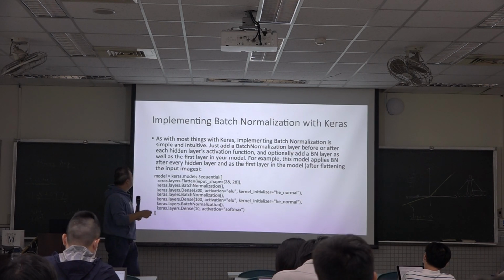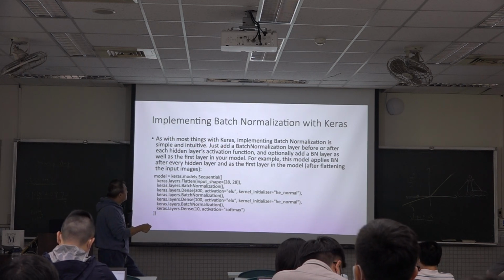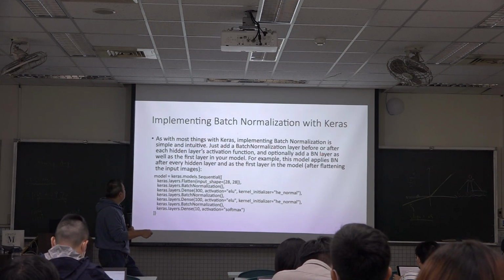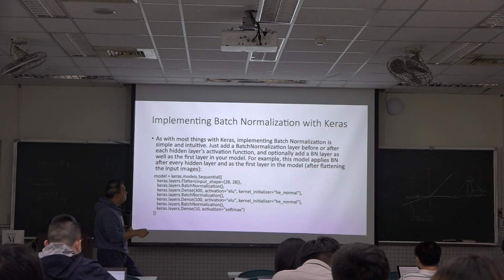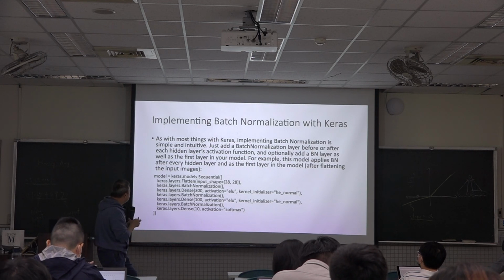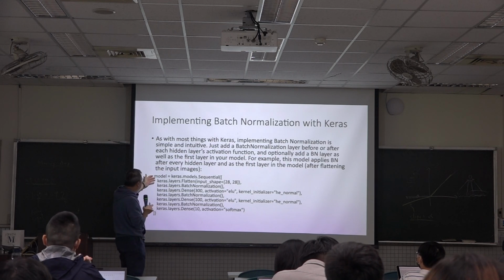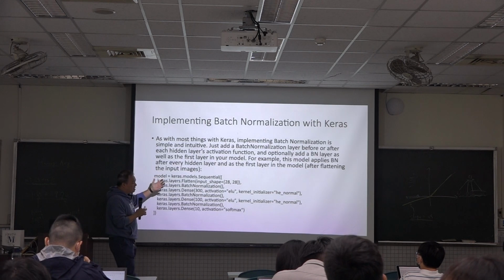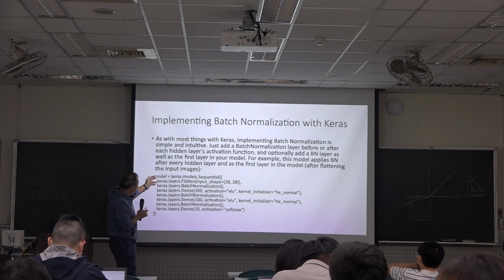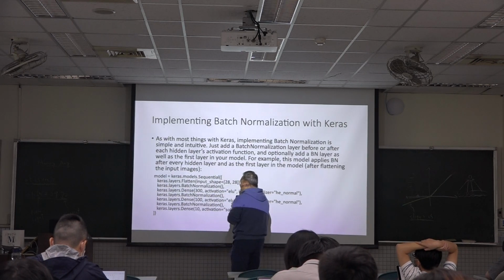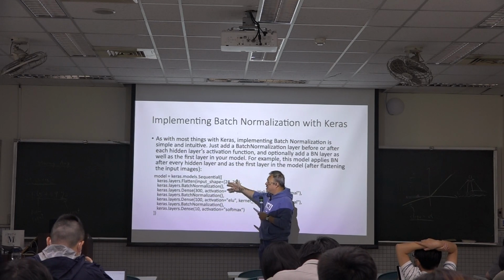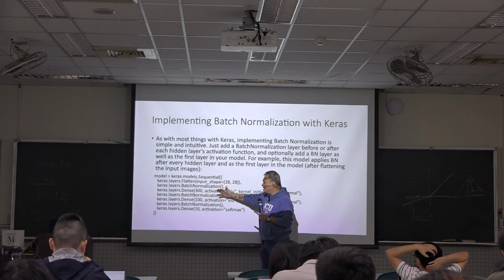As with most things with Keras, implementing batch normalization is very simple and intuitive. Just add a batch normalization layer before or after each hidden layer's activation function. So something like this. Let's just look at the code. We use Fashion MNIST again as an example. So input shape is 28x28, right? Then we add Keras layers batch normalization, and we have this dense layer.